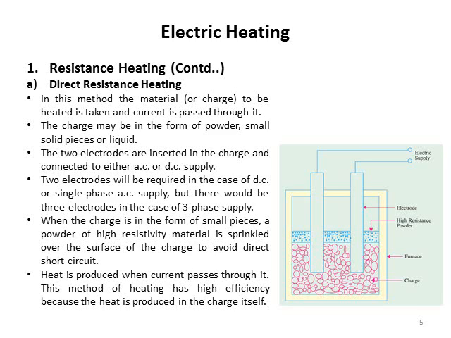Two electrodes will be required in the case of DC, or in the case of single phase AC there will again be two electrodes, phase and neutral, whereas in the case of three phase supply there will be three electrodes, R, Y and B. When the charge is in the form of small pieces, a powder of high resistivity material is sprinkled over the surface of the charge to avoid direct short circuit.